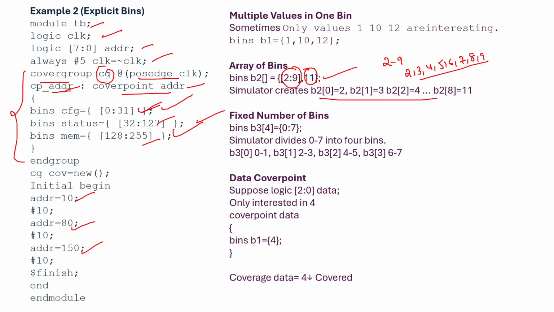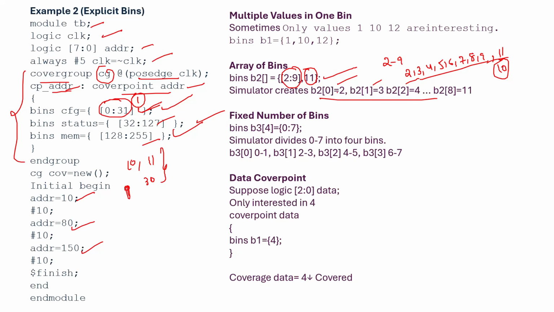Then how many bins are there here? With 2 to 9 and 11, there are 10 values, so a total of 10 bins are created. The simulator creates bins for 2, 3, 4 and so on. In the previous example, for 0 to 31, hitting any one value, 10 or 11 or 30 or 1, satisfies the bin.